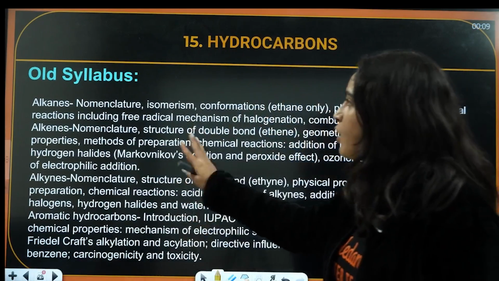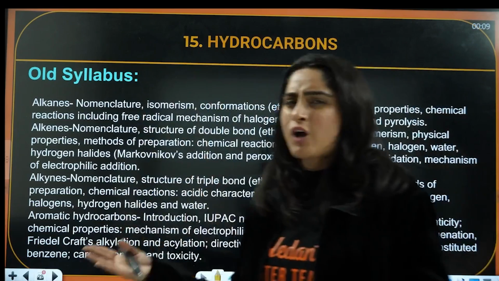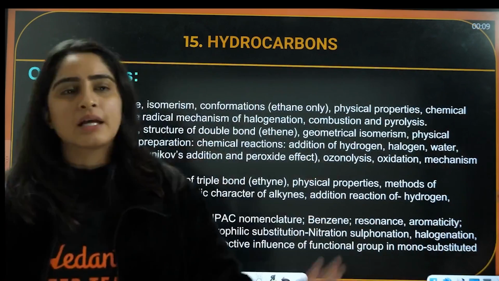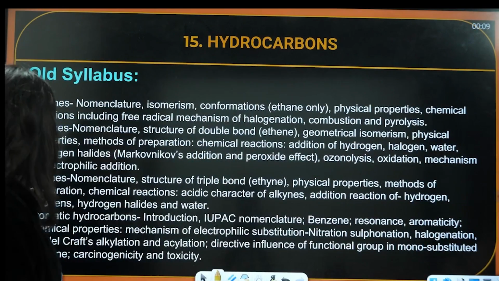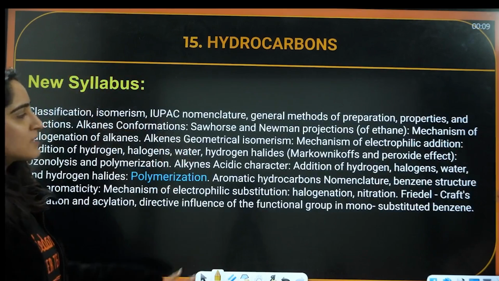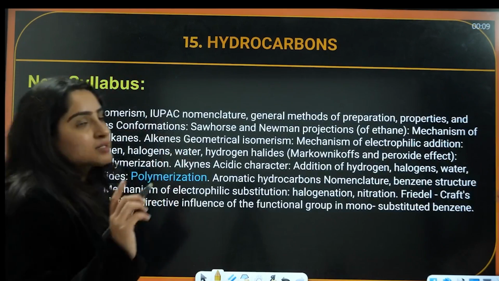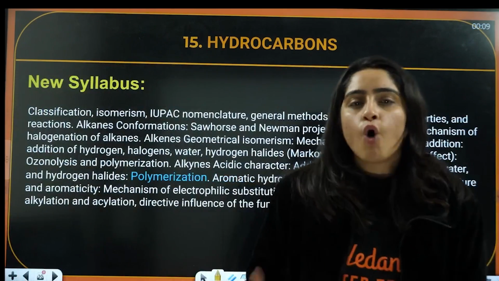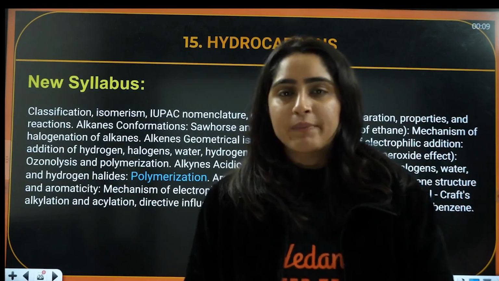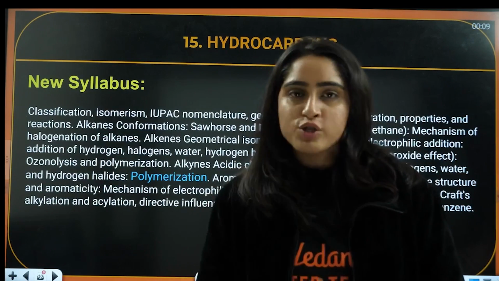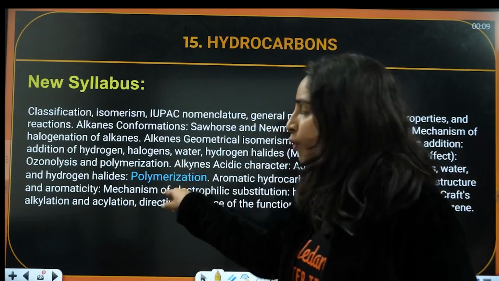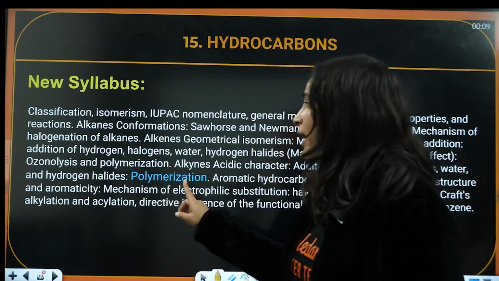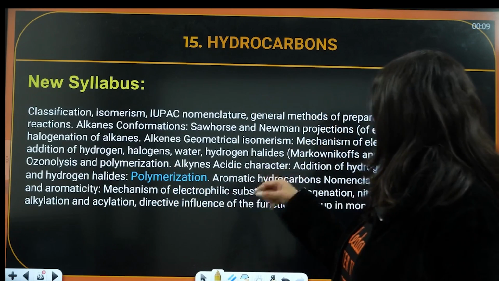Okay. So this was the old syllabus of hydrocarbons. Hydrocarbons is still the same. Everything is the same here, right? Why have I marked polymerization? As you all know, they have deleted the chapter polymers from your syllabus. But now this is the topic polymerization. So do one thing while studying.